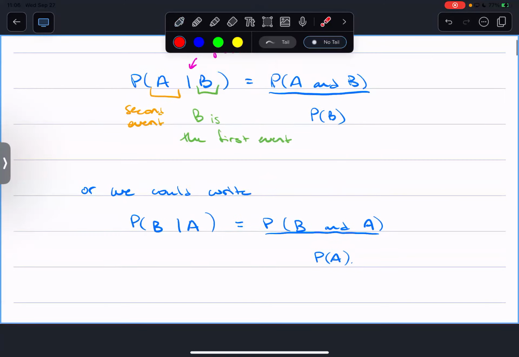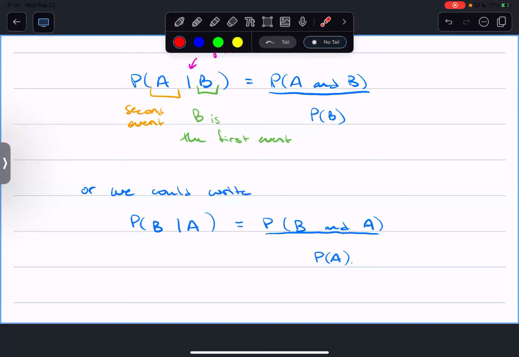So the reason I point that out is because you need to be really flexible with your notation. A, B, it doesn't matter. They're just placeholders for the second event and the first event. And so it might make more sense to you to write it out this way, where A is the first event and then followed by B, but it doesn't actually matter, as long as you read it as the second event given the first event.